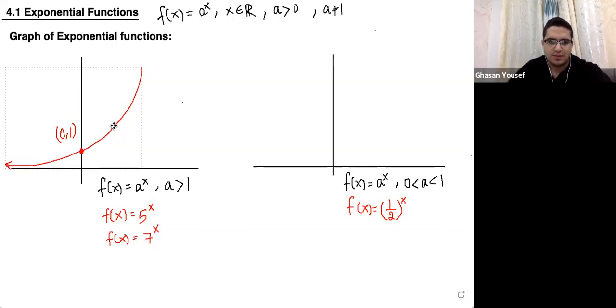This function will not touch the x-axis, will be close to the x-axis, but will not touch it at all. So the graph of the function will look like this. But the graph of this function is supposed to be reflected around the y-axis, something like this.